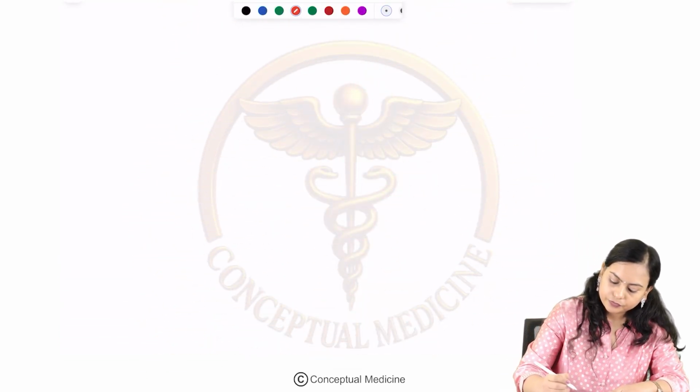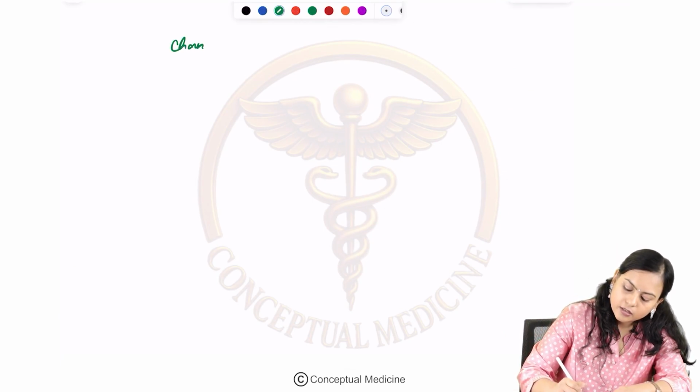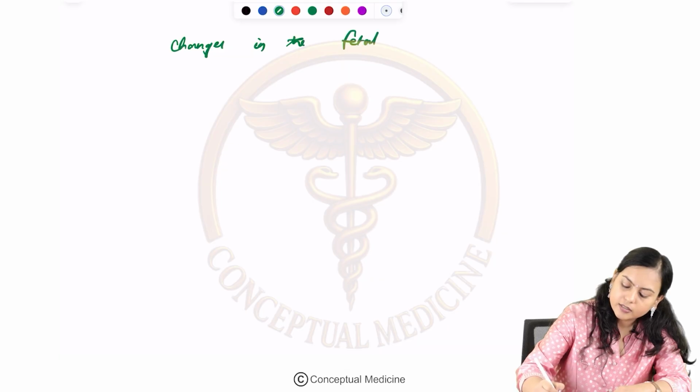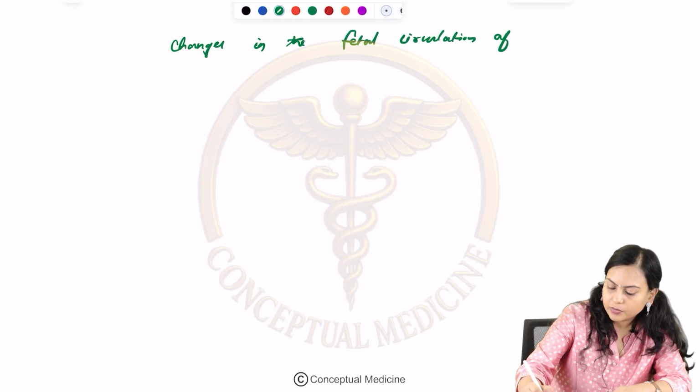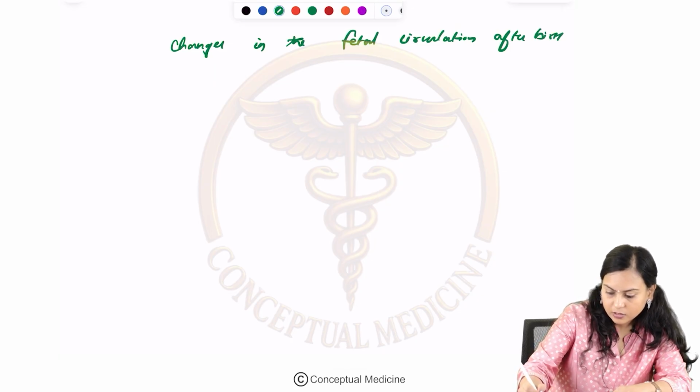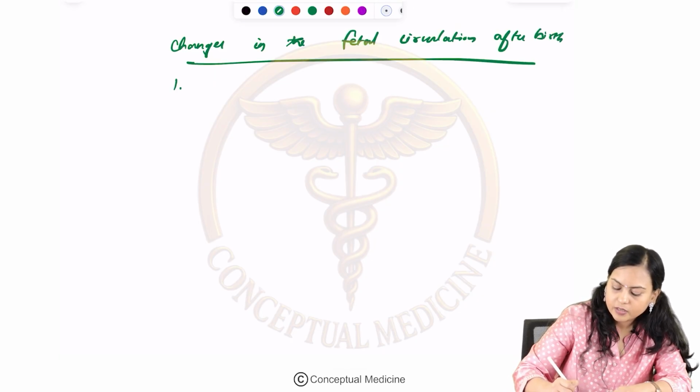Now, what are the changes in the fetal circulation after birth? Number 1, initially in the lungs there is only fluid, right?